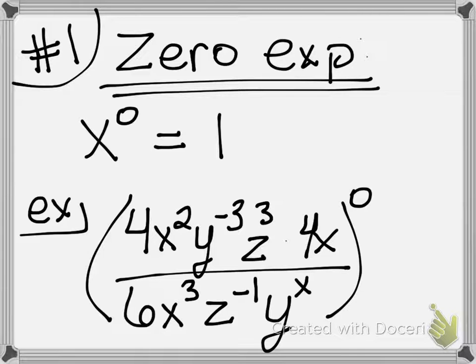The quantity is all taken to the 0 power, and we could simplify everything inside the parentheses, but it doesn't matter. The answer is just 1. Don't have to worry about that. 1 rule done, 6 more to go.